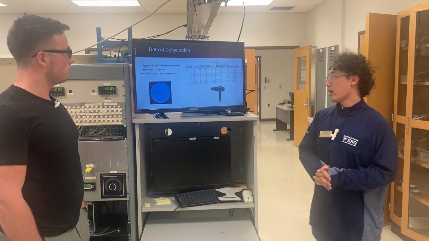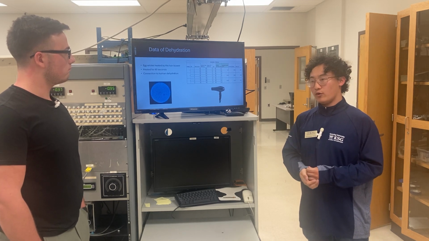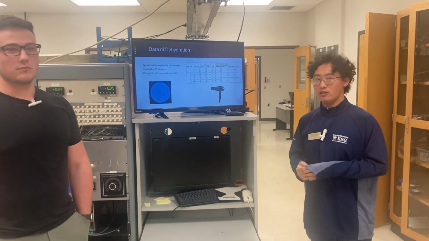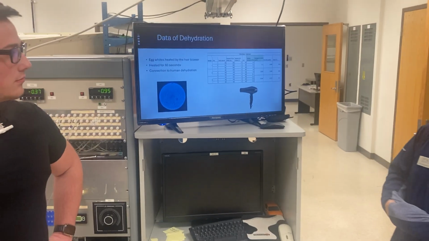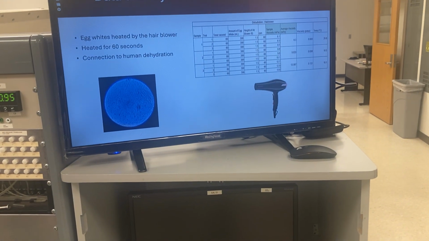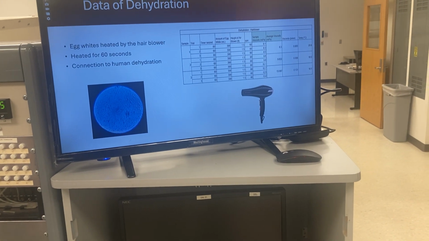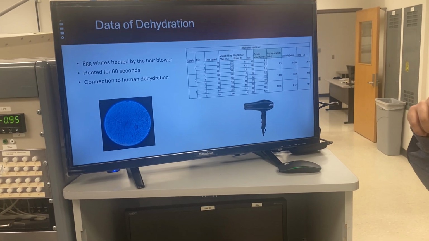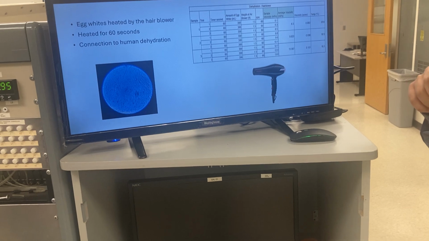So our second parameter was dehydration. We wanted to see how people get dehydrated without water, so we simulated it by heating the egg whites for 60 seconds, placing a hair blower on top of them.